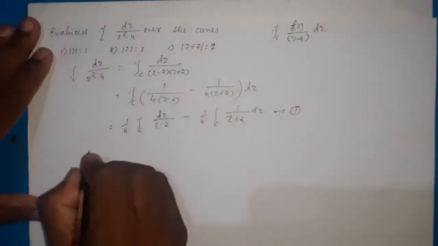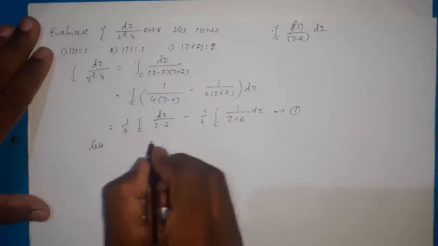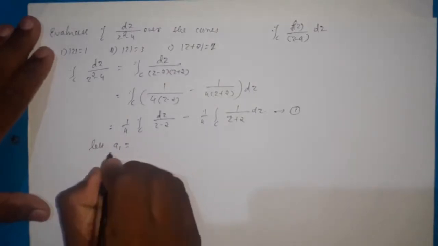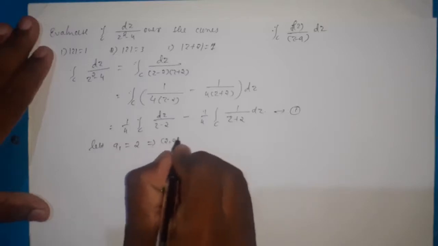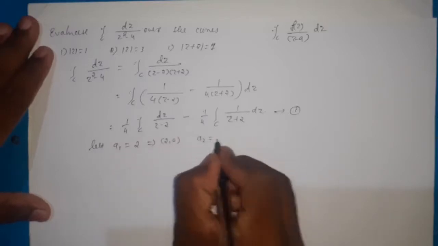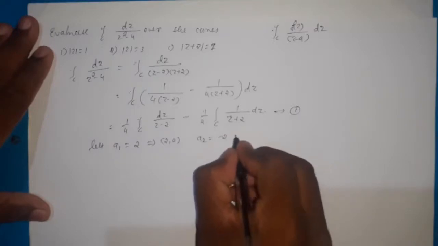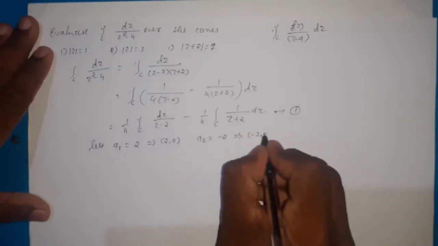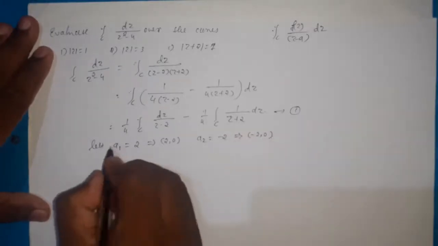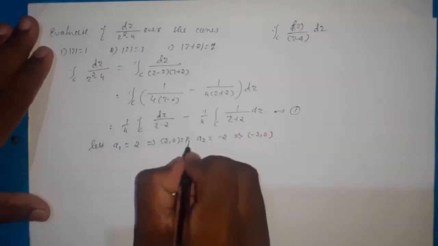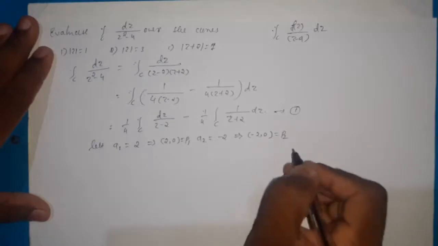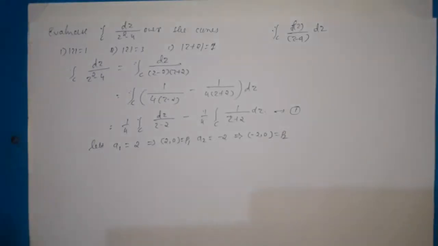So let us consider a1 and a2. a1 is equal to what? 2, it implies it is 2 comma 0, and a2 is equal to minus 2, it implies minus 2 comma 0. Let us consider these as P1 and P2. The first point is 2 comma 0 and the second point is minus 2 comma 0.